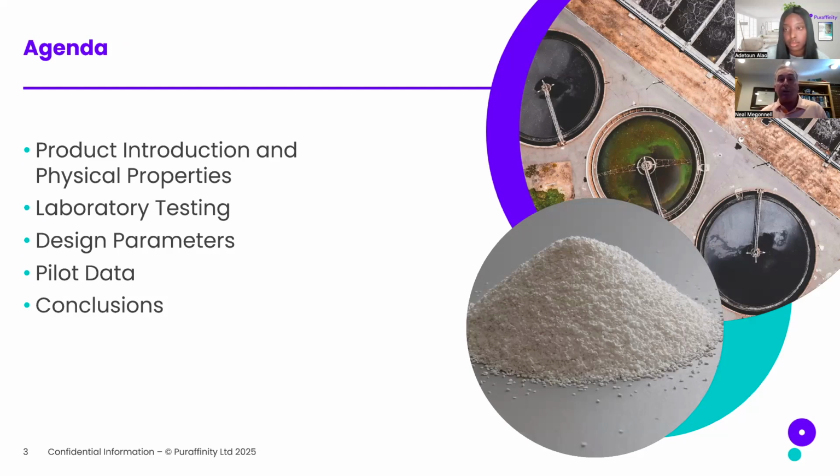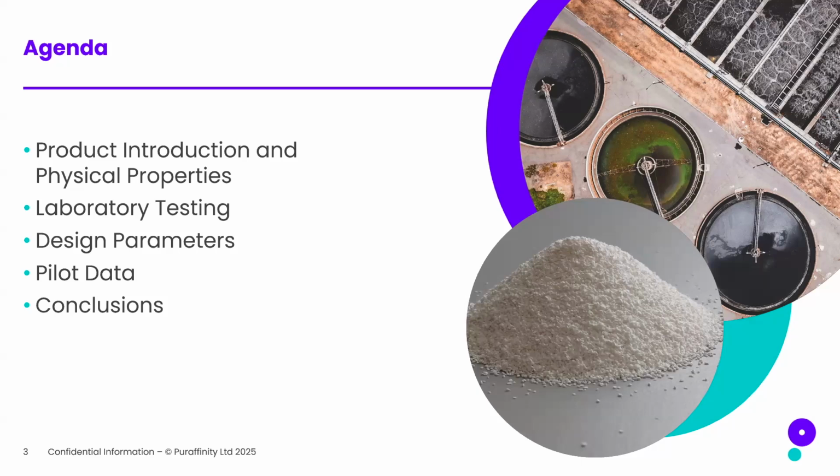So some of the testing requirements and test methods that are being used, we'll talk about a little bit. Then we'll talk about some of the design parameters. Again, it's a different product, so it's not what I'd call a me too compared to activated carbon or ion exchange resins. We have a good bit of pilot data that we can share, which has actually led to a full-scale installation. So we'll talk about that, and then just some general conclusions at the end.